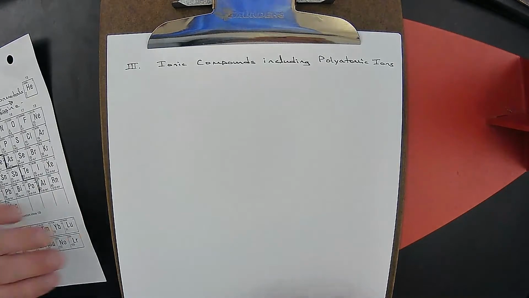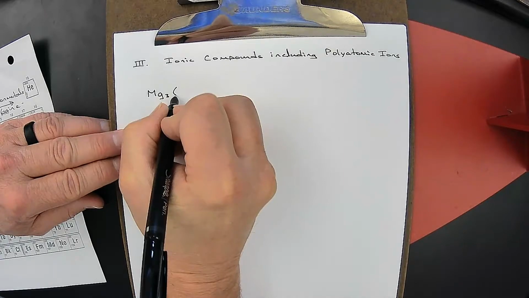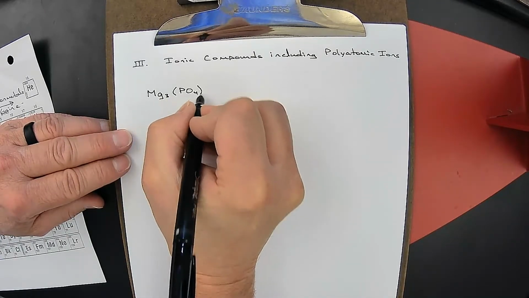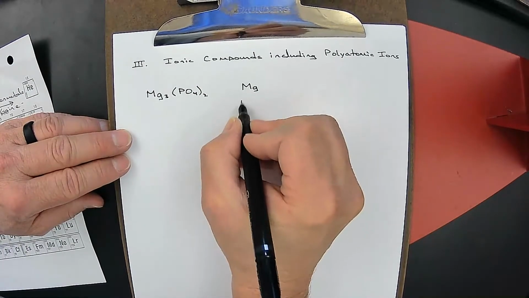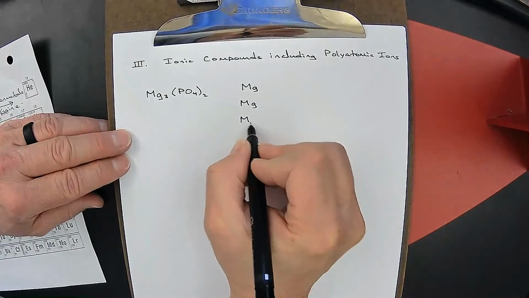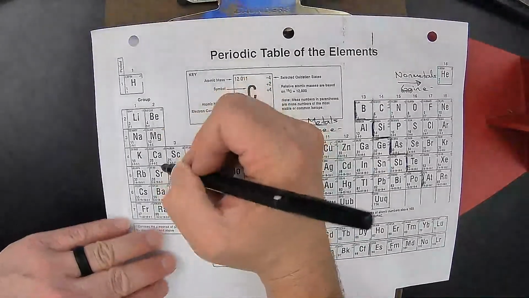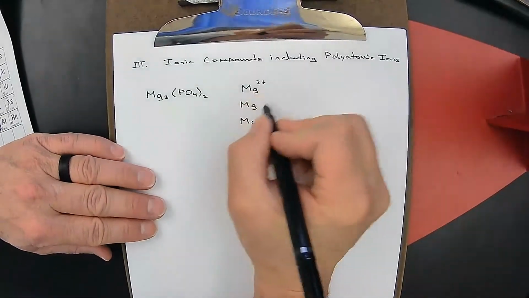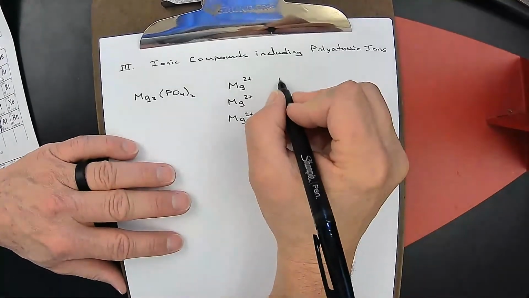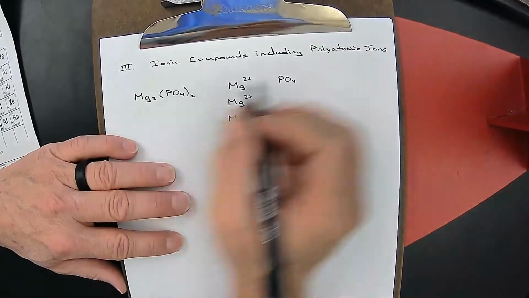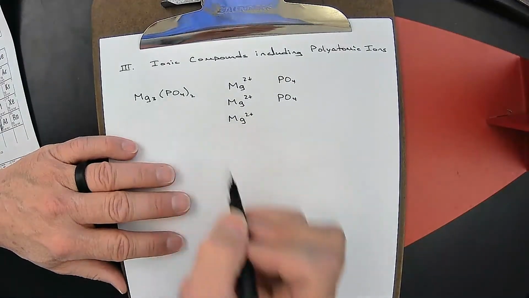So let's say that we have this Mg3(PO4)2. This comes from 3 Mgs, and every Mg is a 2 plus because of column 2A. The PO4, there are 2 groupings, 1 P with 4 O's, 2 groupings of PO4 with that 2 on the outside.